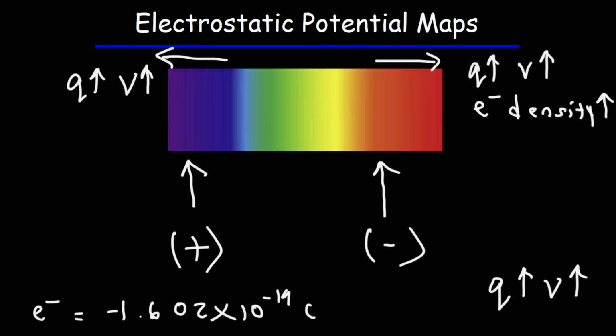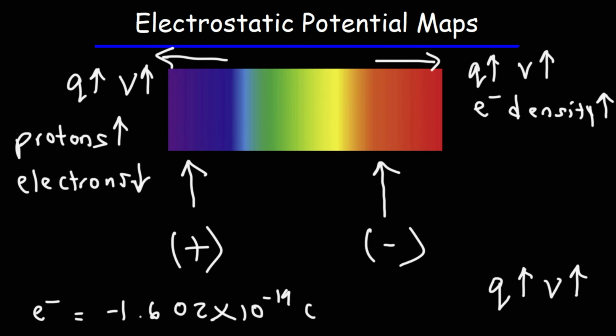The electric potential increases. Now, because we're dealing with positive charge, this can mean two things. It can mean that we have more protons, because protons carry a positive charge, or it can mean that we have the absence of electrons.